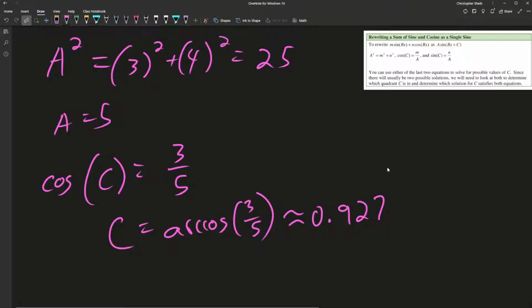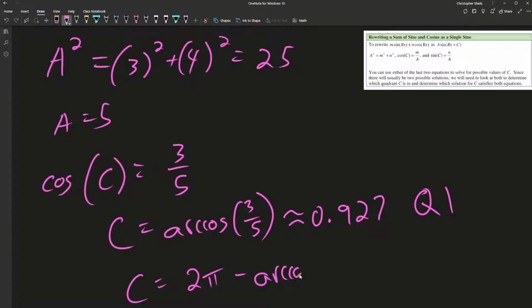This is going to be in quadrant 1. My other answer is going to be in quadrant 4, because that's where else cosine is positive. So c could be 2 pi minus arc cosine of 3/5. And this would get me about 5.356. And this is going to be my quadrant 4 angle.